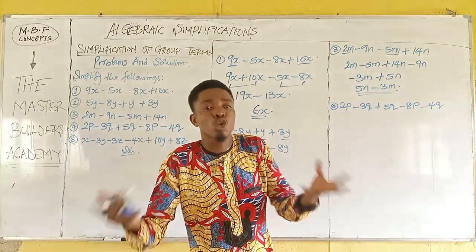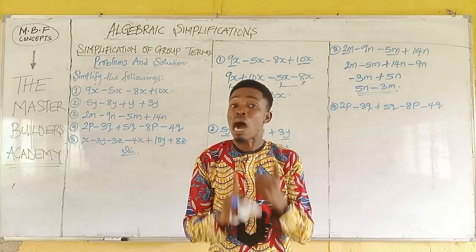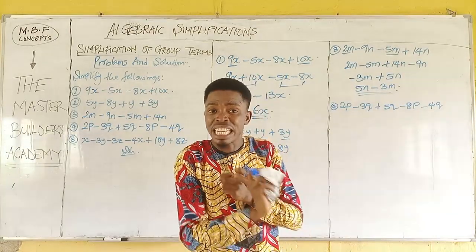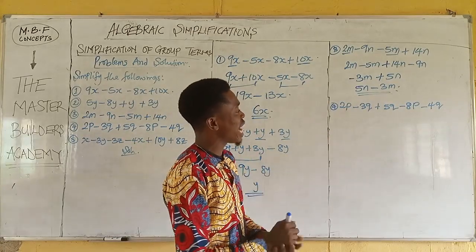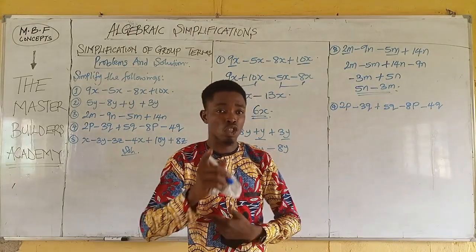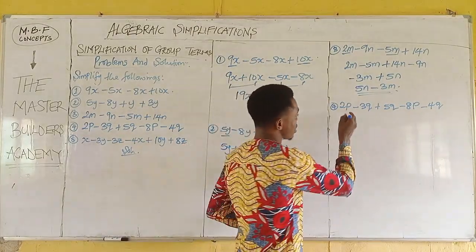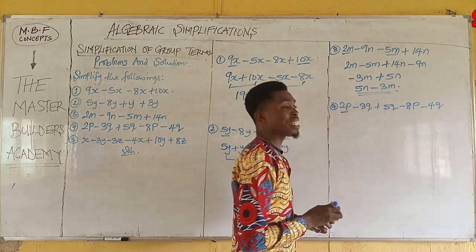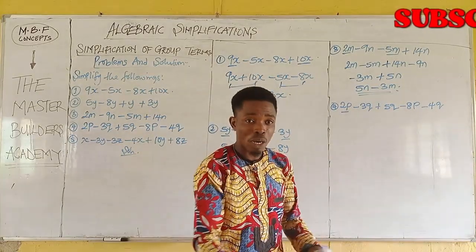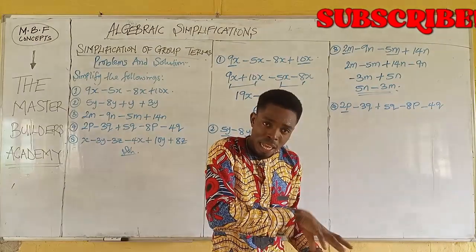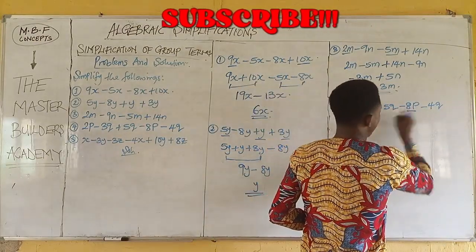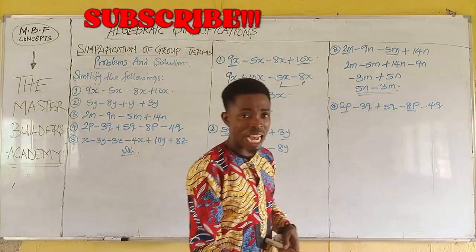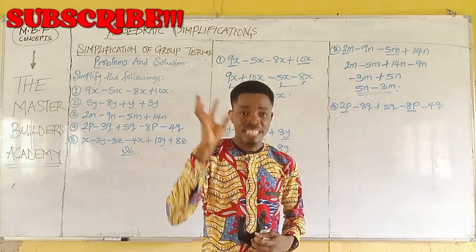Then I need to separate P from Q, and while I am taking this step, I must ensure that plus comes first. So now let's identify the terms in P and also the terms in Q. This is a term in P, and alphabetically P comes before Q, so we are going to start arranging from P, then lastly Q. This is also a term in P. We have two terms in P, and the remaining three terms are terms in Q.